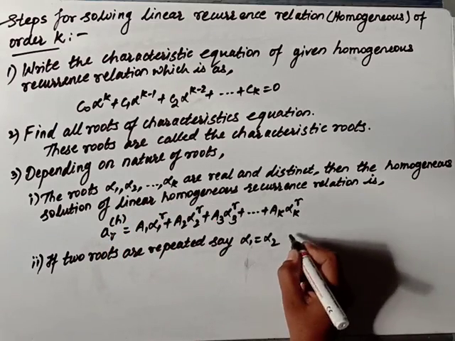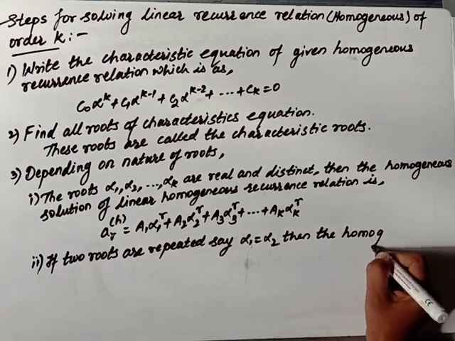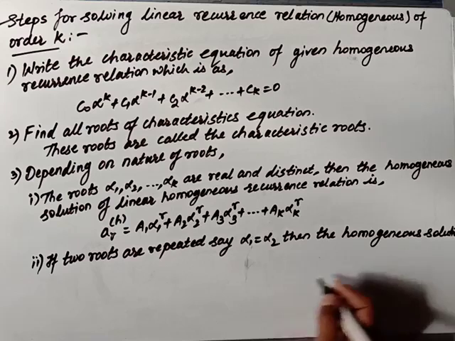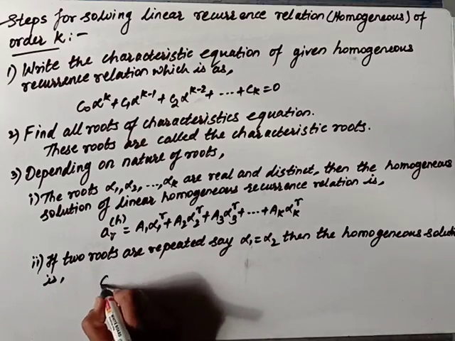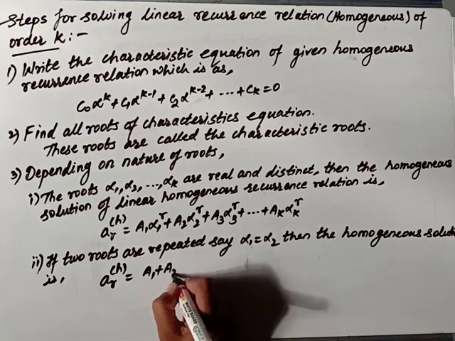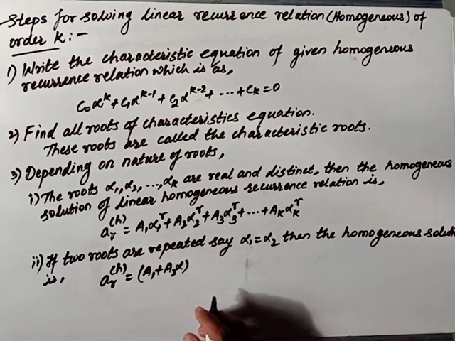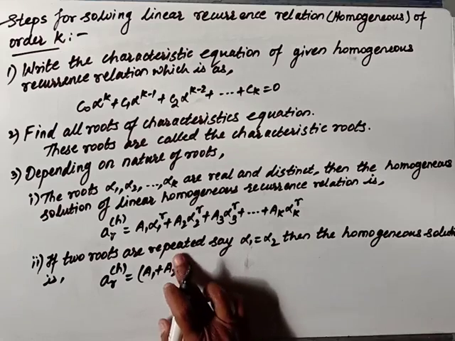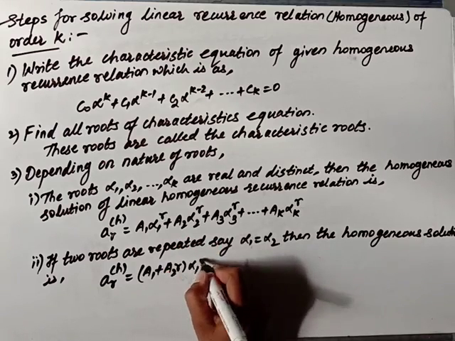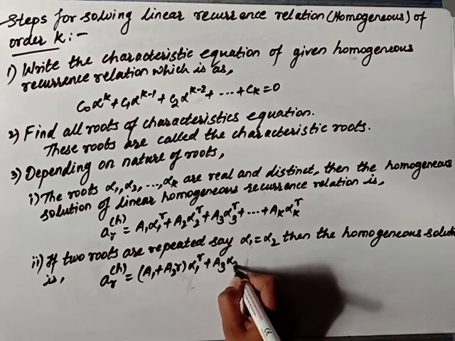Then the homogeneous solution is a_r^(H) = (A1 plus A2 r) alpha 1 raised to r plus A3 alpha 3 raised to r.